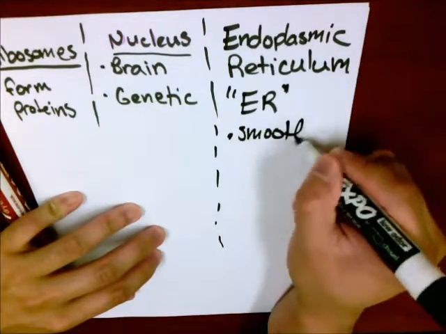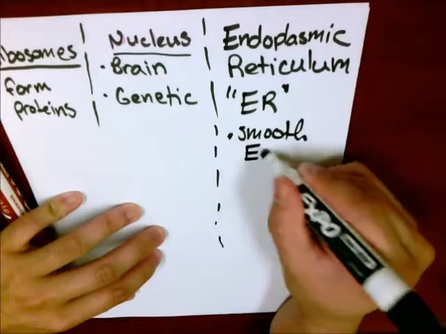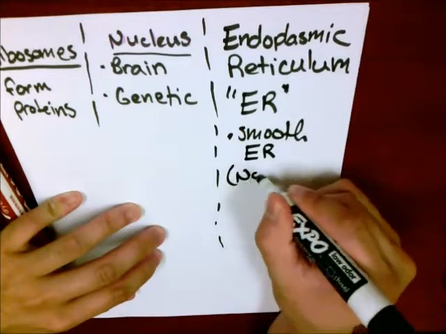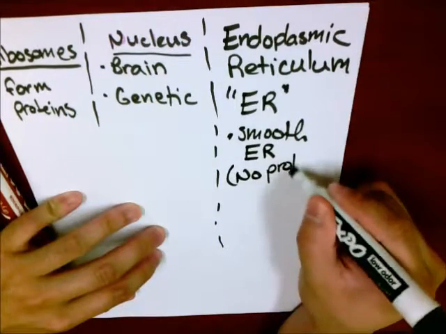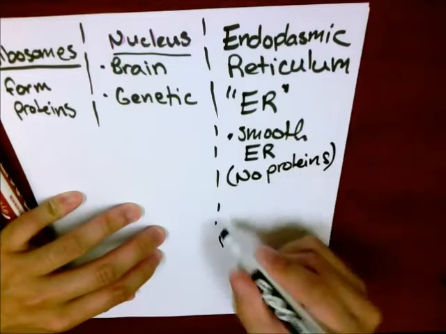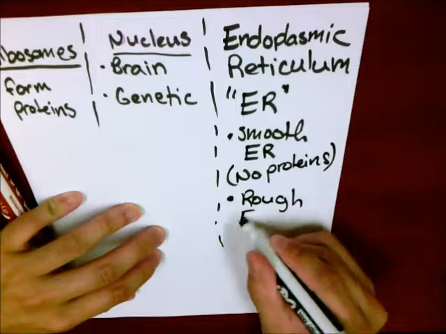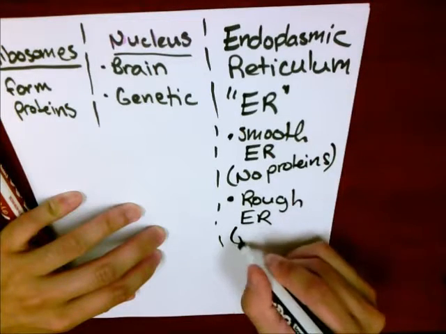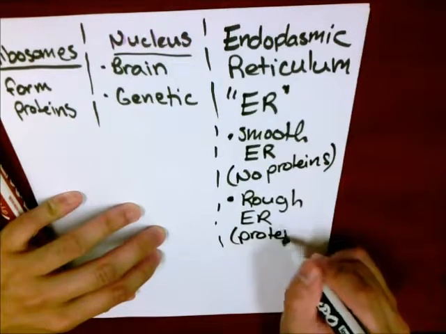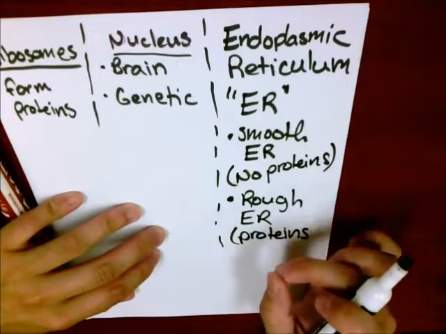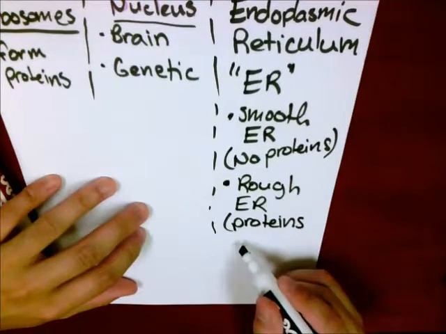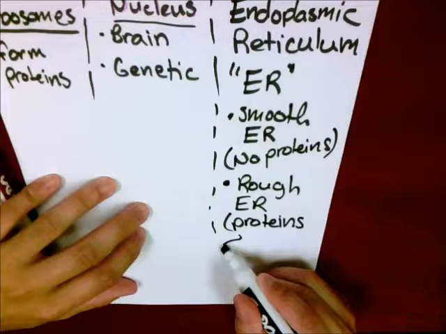There's smooth ER, which, by the way, has no proteins, and there's rough ER, and it has proteins embedded into the wall. So it's called rough because when you look at it, it looks like there are little dots inside of the wall. So like here's an endoplasmic reticulum, kind of.